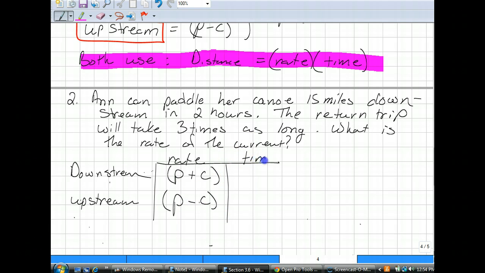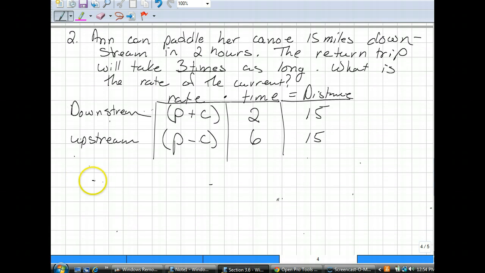The time, well, downstream it took her 2 hours, and upstream it took her 3 times as long, so that's going to be 6. And then we have distance, the distance traveled. And both equal 15 miles. So we have 2 times (P plus C) has to equal 15, and 6 times (P minus C) also has to equal 15.